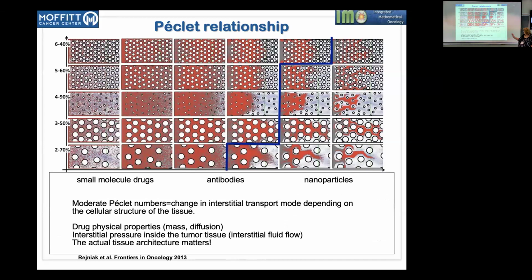And as I said, they correspond to different sizes of drug molecules. So you could calculate the diffusivity, for example, knowing the weight of the molecule. There are some ways to measure the pressure of the interstitial fluid in the tissue, but what we try to argue is you actually should know a little more about the structure of the tissue. So this is 2D.